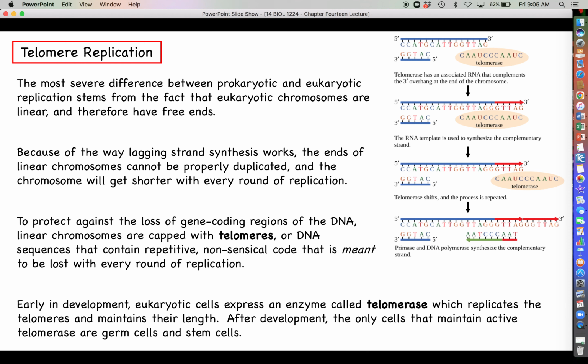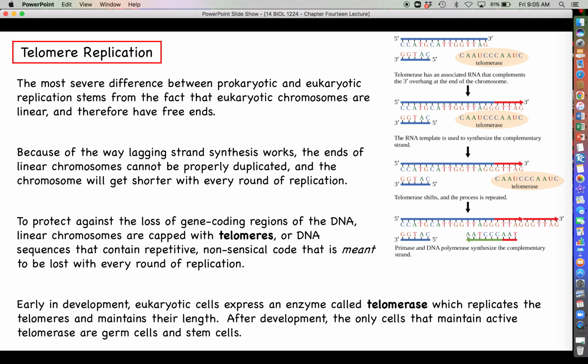So early in development, eukaryotes express an enzyme called telomerase, which is not exactly like DNA polymerase, but if you want to think of it like that, that's okay. It's a type of polymerizing enzyme that specifically replicates the DNA at the telomeres. So its mechanism is different than DNA polymerase, so it actually can extend the telomeres.